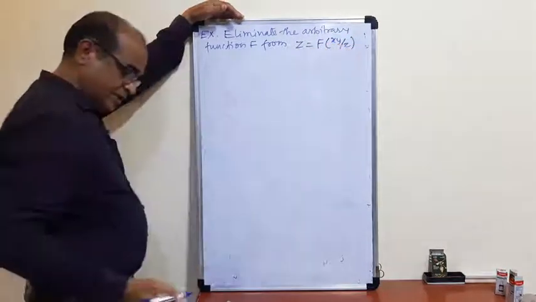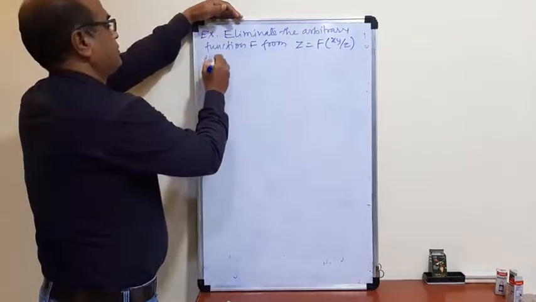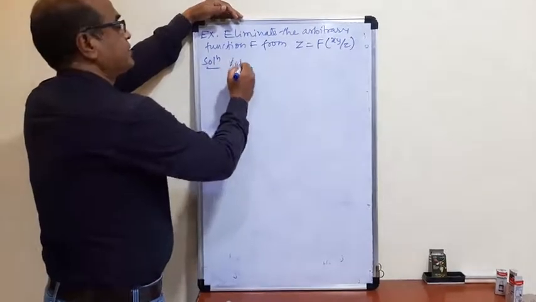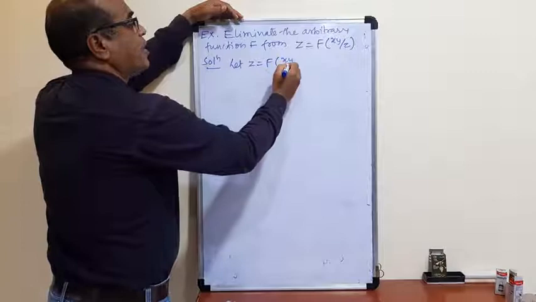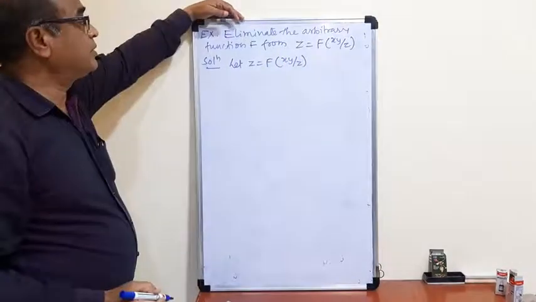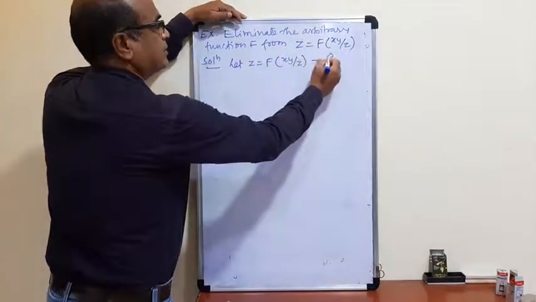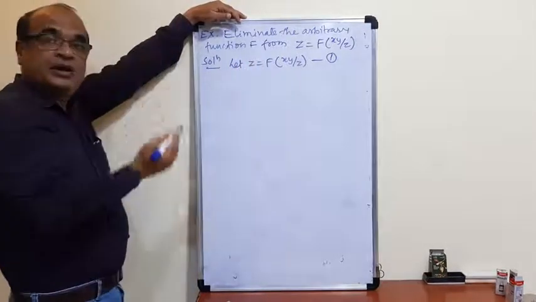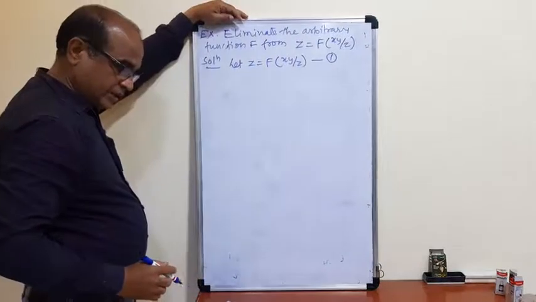So that is the function given here. Okay, so solution. Let z is equal to f of xy upon z. So this is given here, equation 1. So we eliminate this arbitrary function and obtain the partial differential equation here.